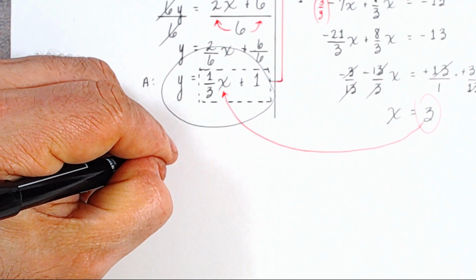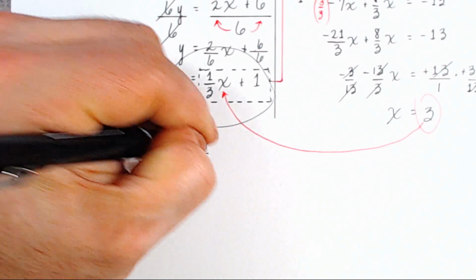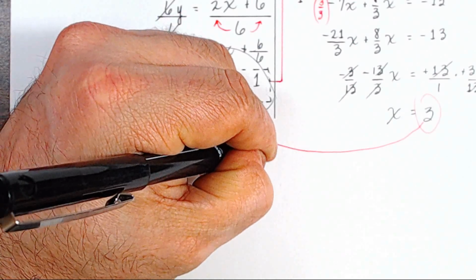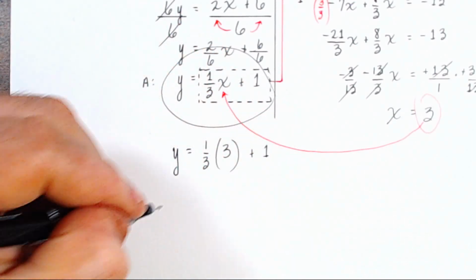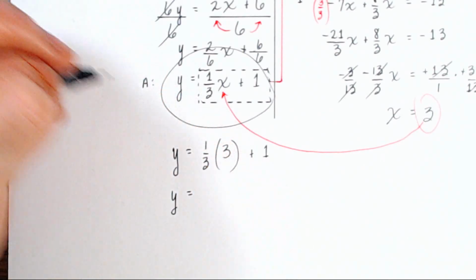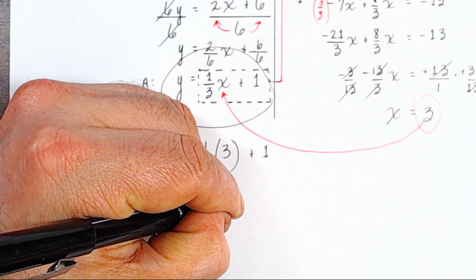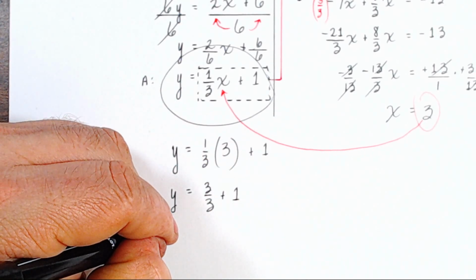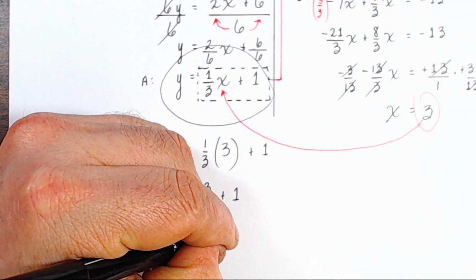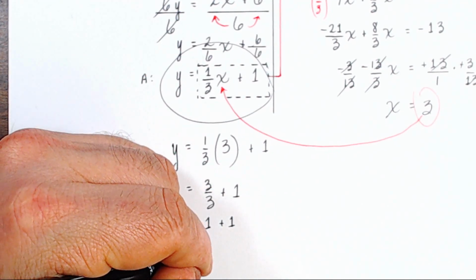So I can write y equals 1/3 times 3 plus 1. Okay, so y equals 1/3 times 3 over 1 is 3 over 3 plus 1. So y equals 3 divided by 3 is 1, 1 plus 1. So what does y equal? 2.